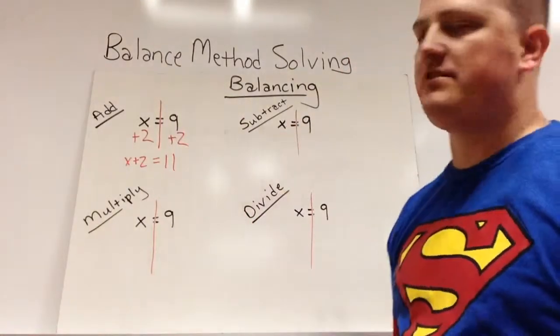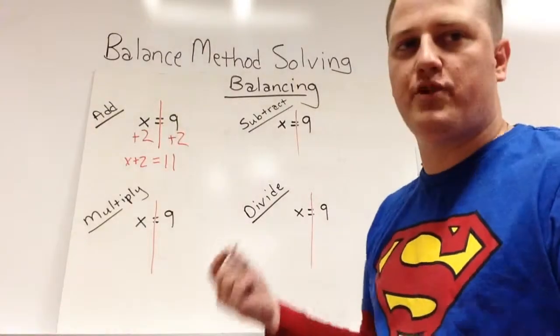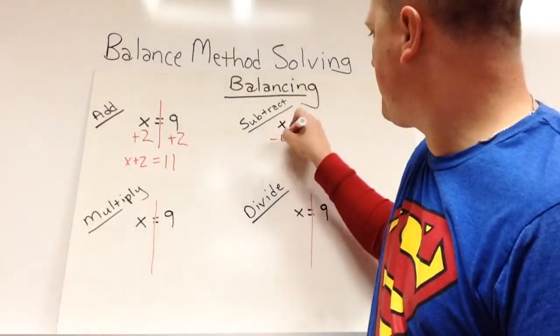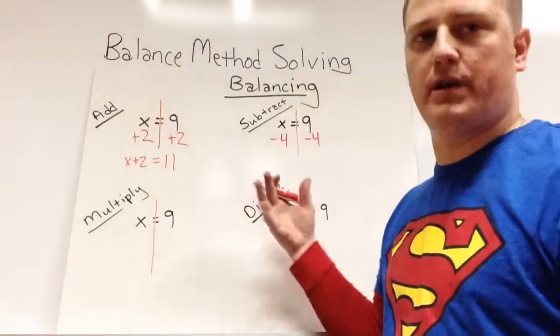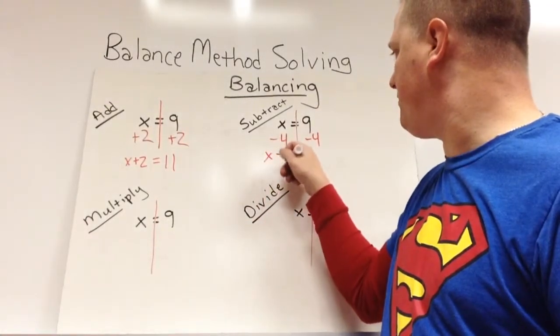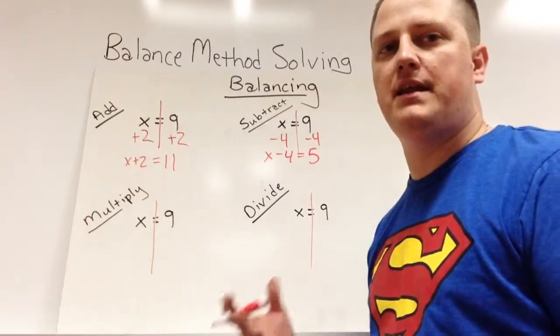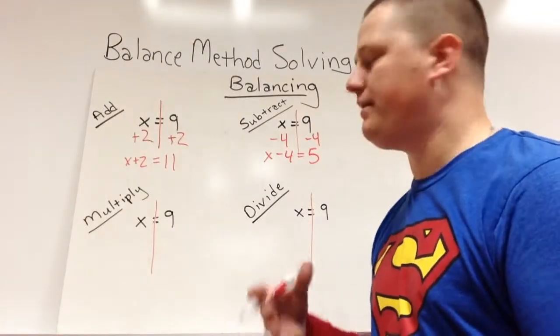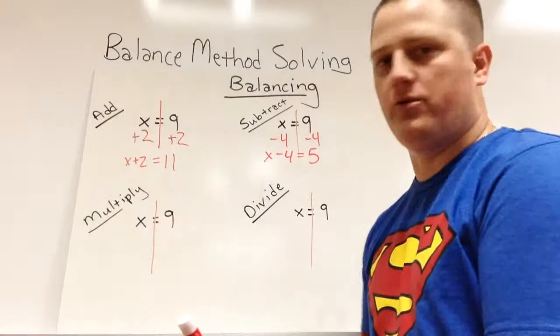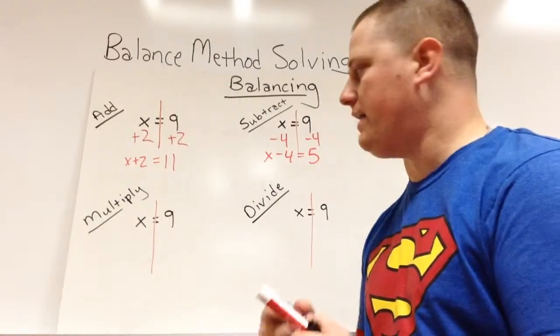If I subtract on each side, say I subtract 4, this would give me x minus 4 equals 5. Notice everything's staying in balance from what we started with. This also holds true for multiplication.